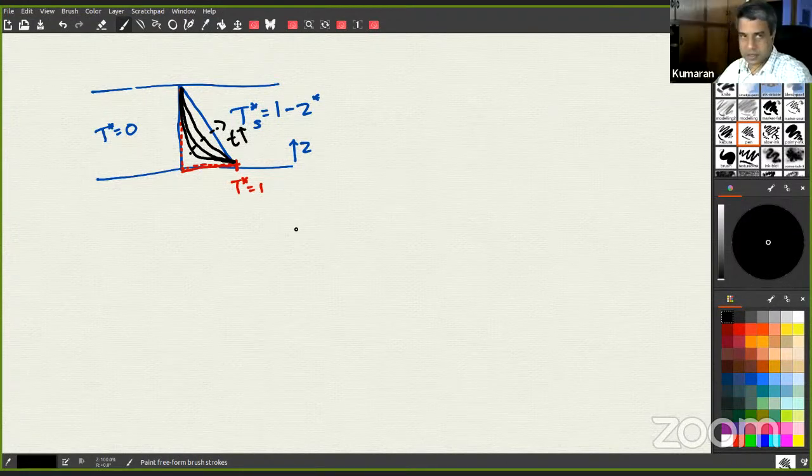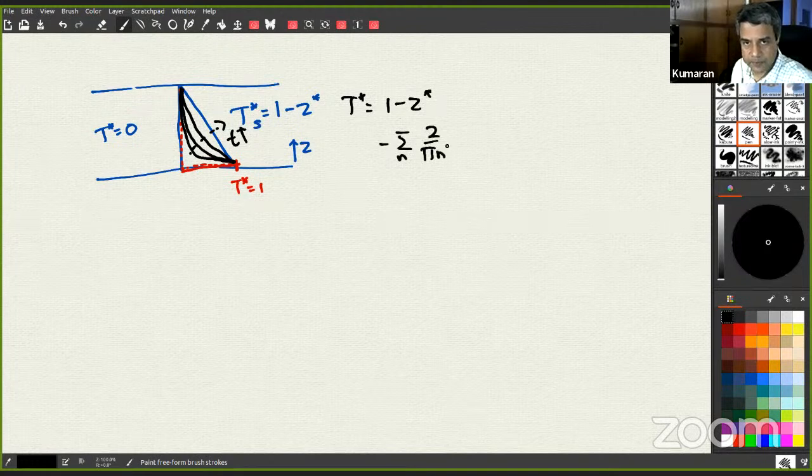And that was that summation. So if I recall correctly, it was T star is equal to 1 minus Z minus sigma over N of 2 by pi N sine of N pi Z, e power minus N pi the whole square T. That was the solution.